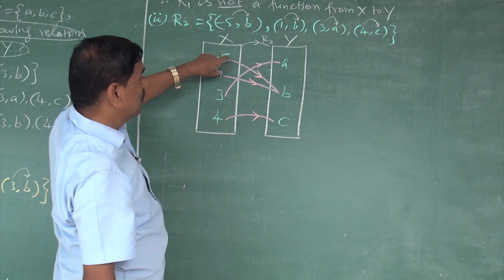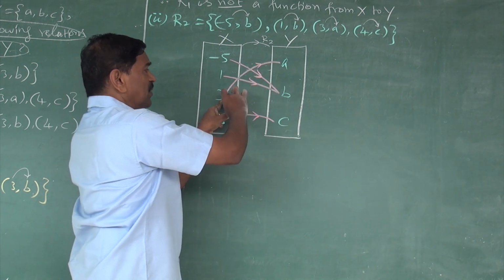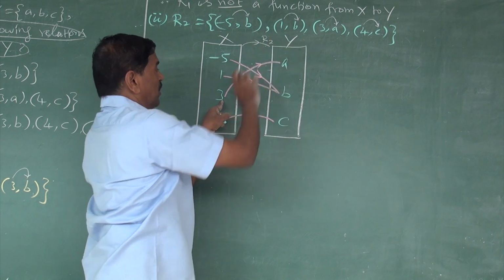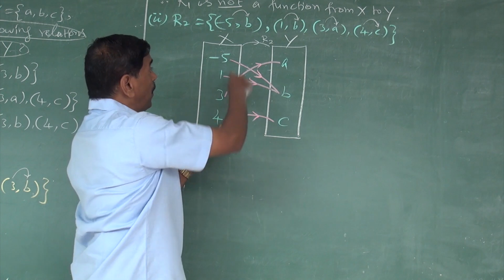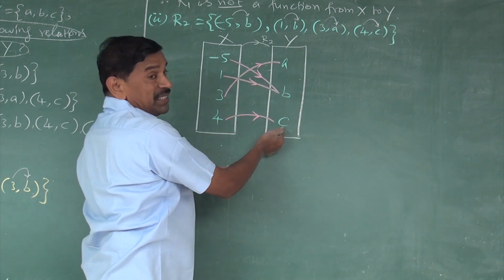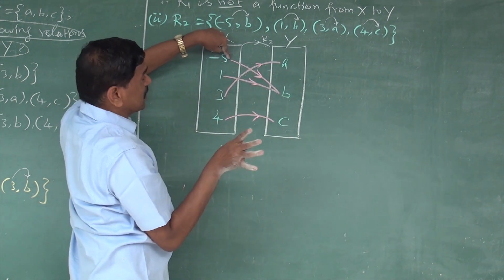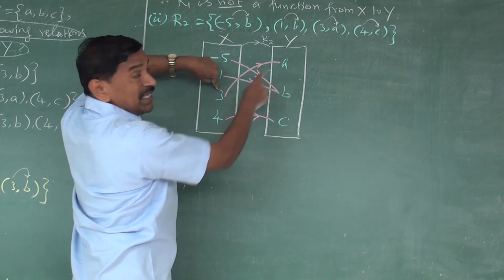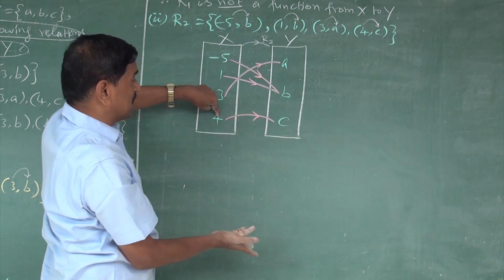So these two are verified. Next, 3's image A. 3 has only one image, a unique image in Y. Next, 4's image C, that is 4 belongs to X, has unique image C which belongs to Y. Again, minus 5's image B, 1's image B, 3's image A, 4's image C, each has a unique image.